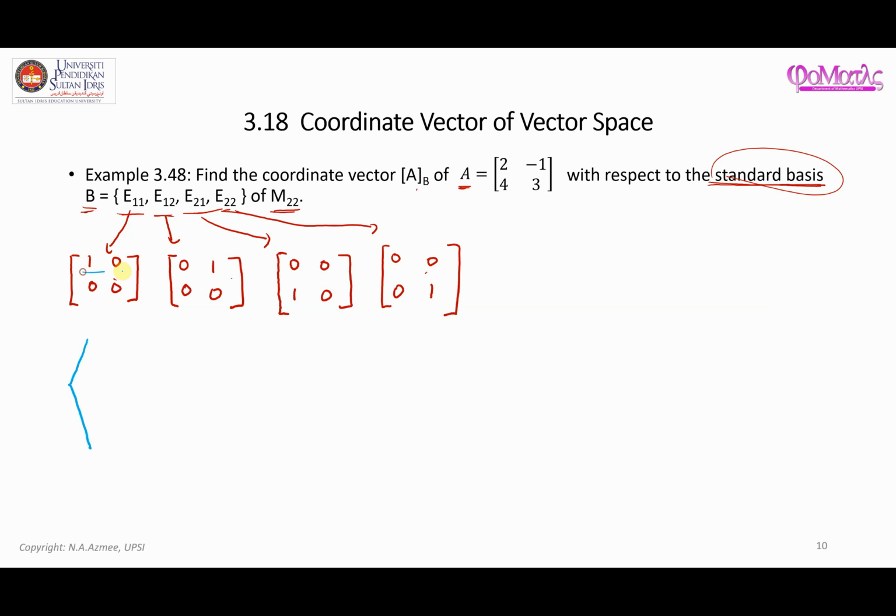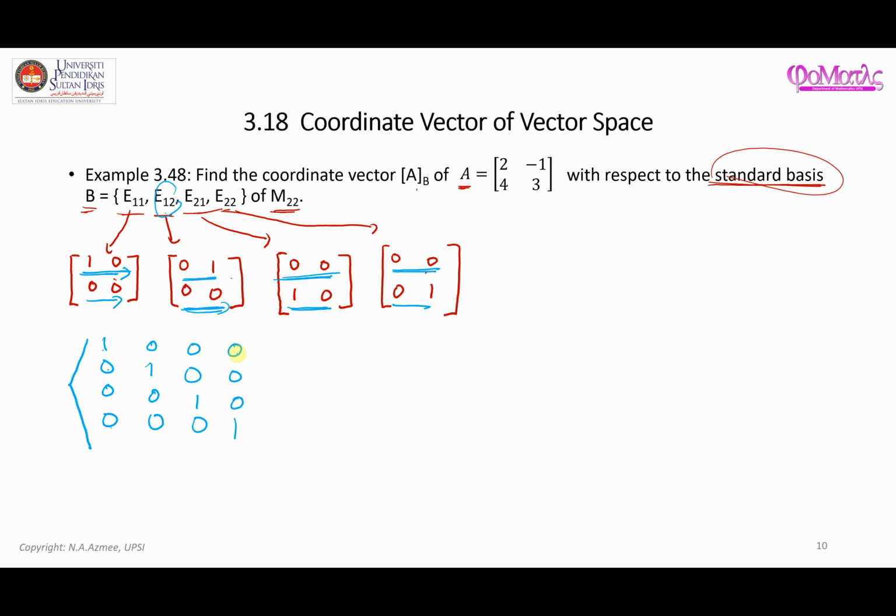This one can be written as 1, 0, 0, 0. For the second, E12, it will be 0 1, and then 0 0. This is 0 0 1 0, so I hope you can see the order. And here is 0 0, 0 1.